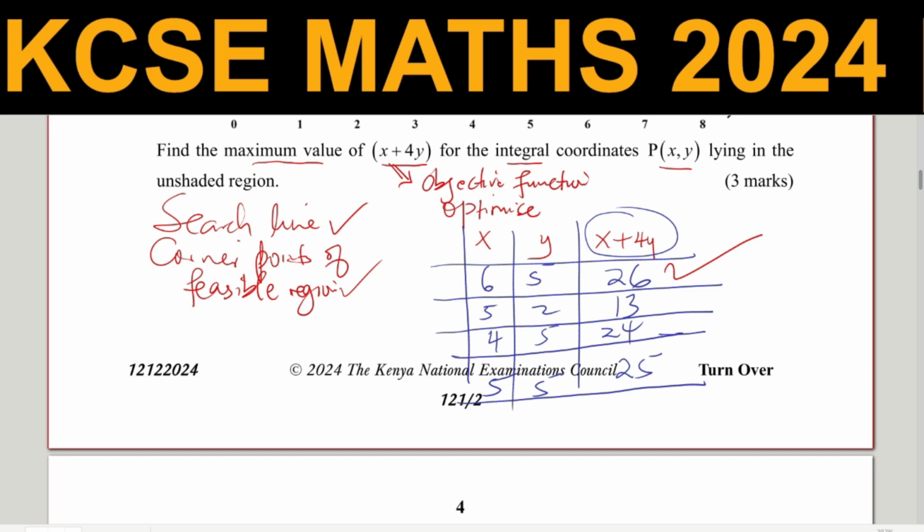We got that by simply testing the corner points. You can also draw the search line and slide using a set square and a ruler, and you still get the same thing. So (6, 5) as the values of x and y gives the maximum value of 26.